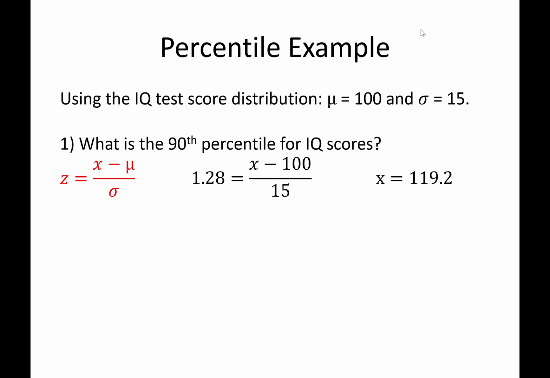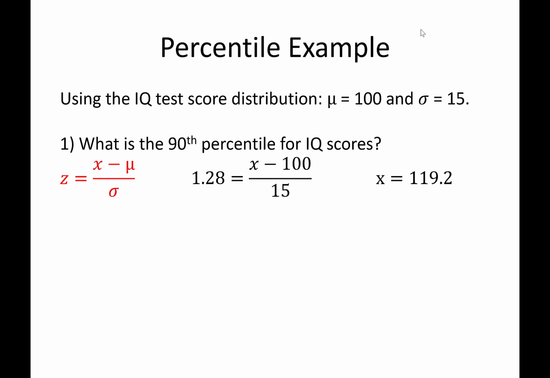So what this is saying is for people that have a 119.2 IQ score, those people did better than 90% of others. Or 90% of people did worse than 119.2. Now keep in mind, IQ scores are discrete.